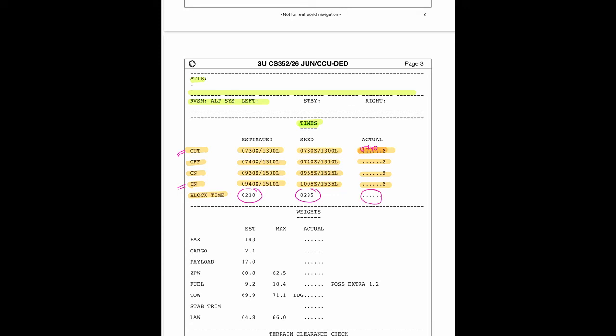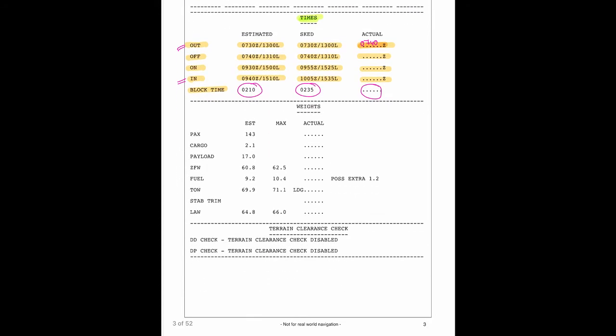If we have holding or any weather component, we can assume that we will have a greater time. But if we do not, and we have a sustainable flight, then we can land earlier than the scheduled time.